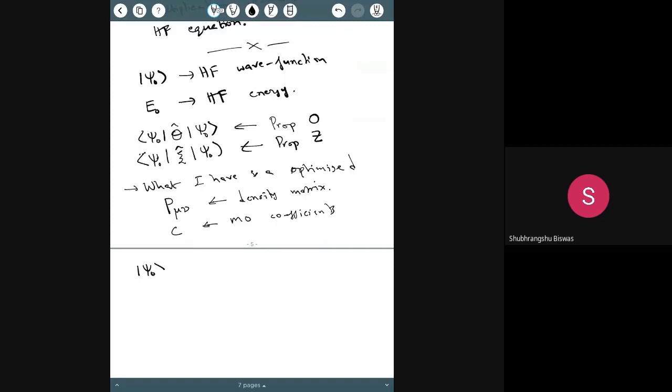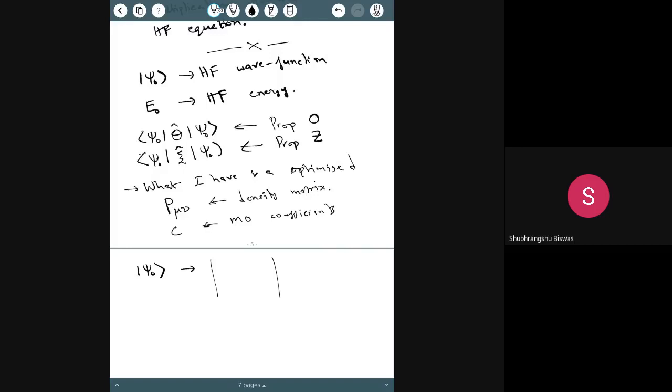So psi naught, how is it represented? We have been saying psi naught is a determinant of spin orbitals. Now my individual spin orbitals are the molecular orbitals multiplied by the spin functions.